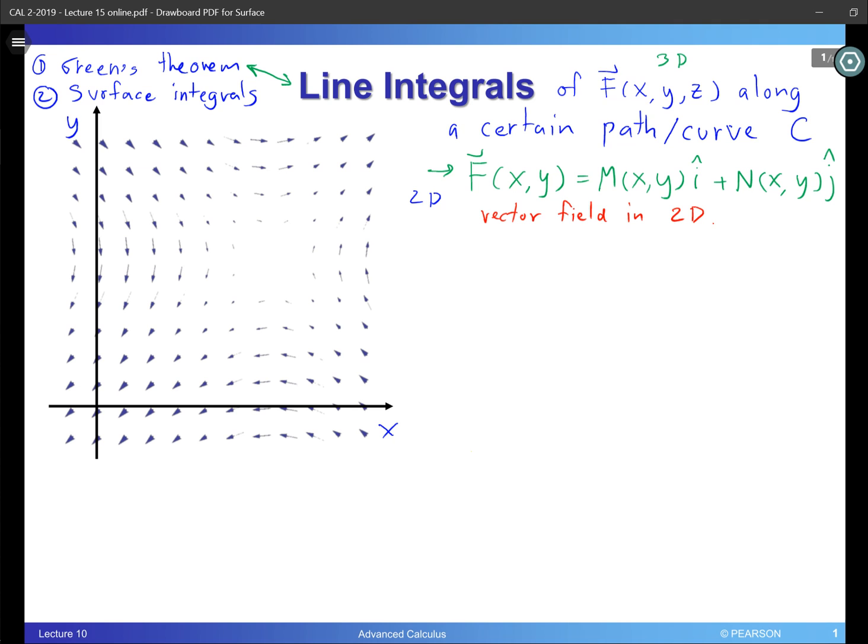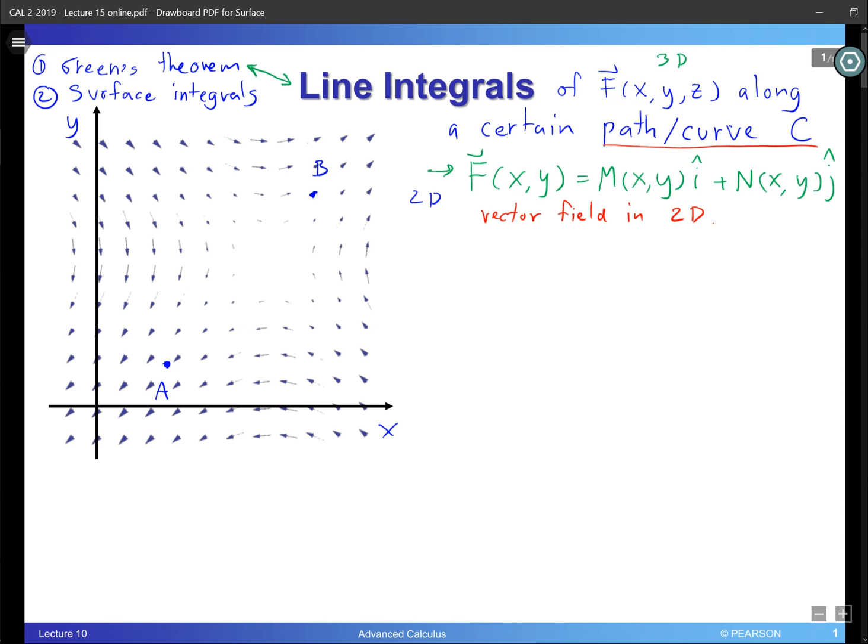Alright, so when it comes to line integrals, it's not just about the vector field. We want to do some calculation of this field along some certain path, and this path has to start somewhere and end somewhere. So let's put 2 points in the space here. Have the first point here, I'm going to call it A. That is the starting point of the integration. And then we have this point B right here. That is the end of the integration. And as you know, when it comes to line integrals, you have to integrate along a path or a curve.